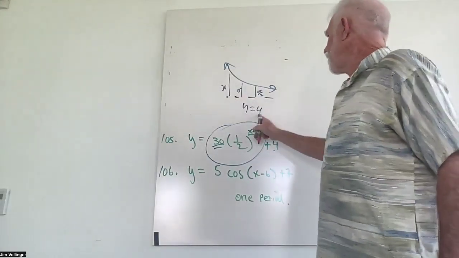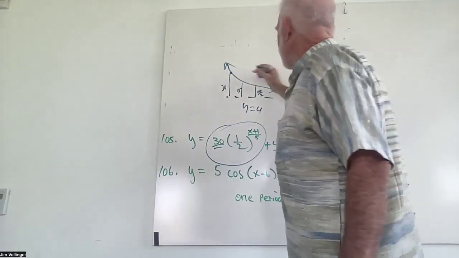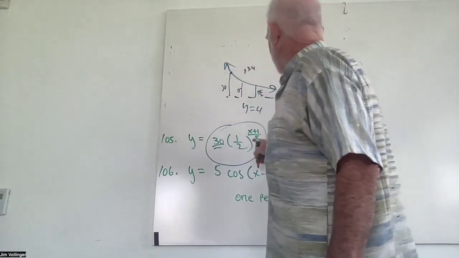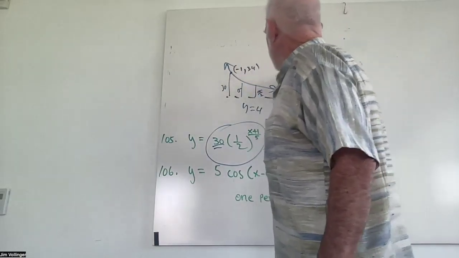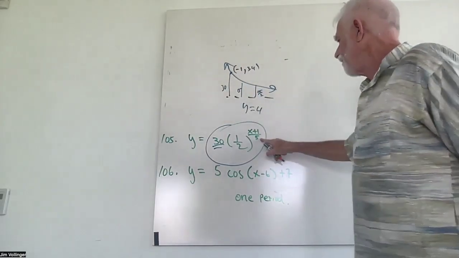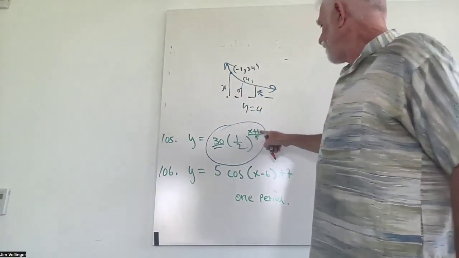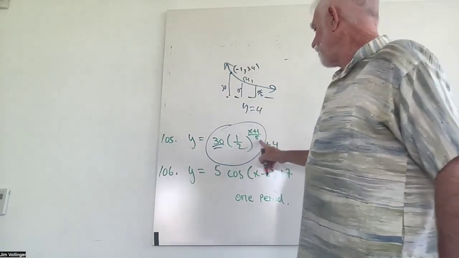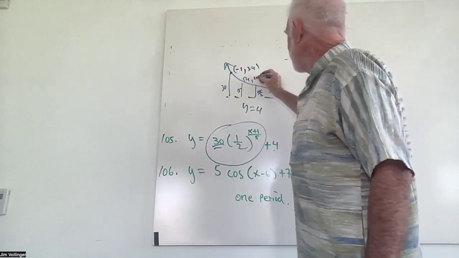So 30 plus 4 is 34. 34 is the y value that happens when I make a 0, and that's -1. Then I change by 5 units, so that's going to take me to 4. 4 plus 1 is 5, divided by 5 is 1. 1/2 to the 1 is a half. That means I went up 15 from 4, 19.